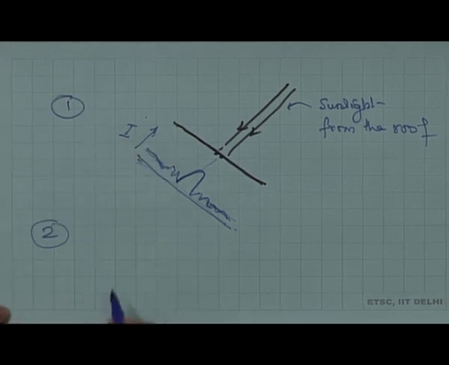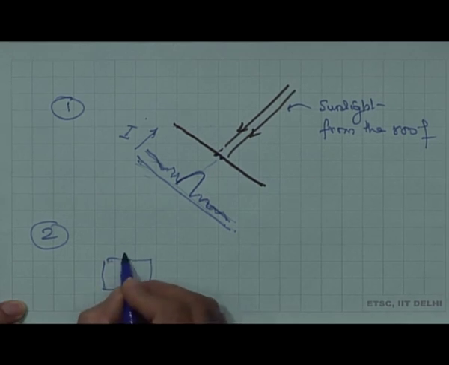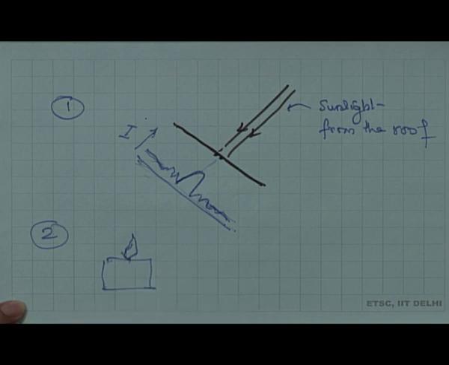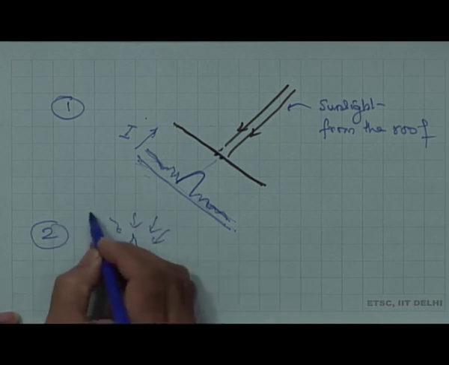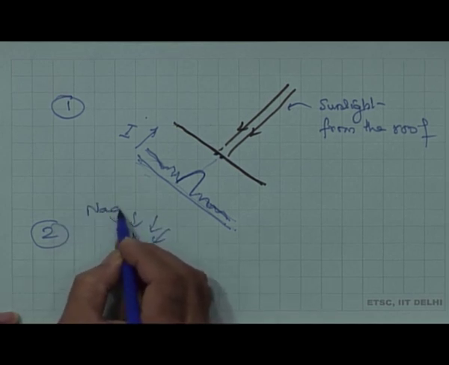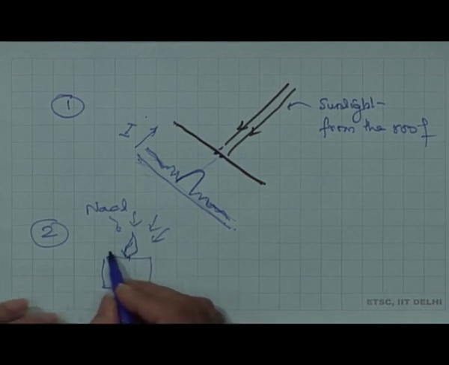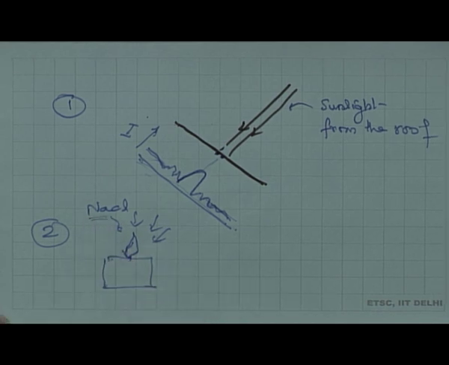Then what he did was, he used a spirit lamp. There is a flame of the spirit lamp, and he sprinkled NaCl, that is salt, onto the flame, which gave the bright yellow light corresponding to sodium.